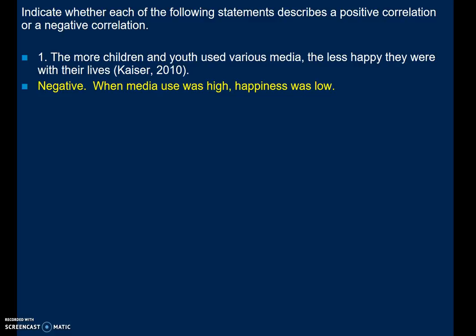That's right, it's a negative correlation. When media use is high, happiness was low. And you can flip that around too and say, well, when media use was low, happiness was higher. Still negative correlation either way you say it. When the value of one variable was high, the value of the other was low.